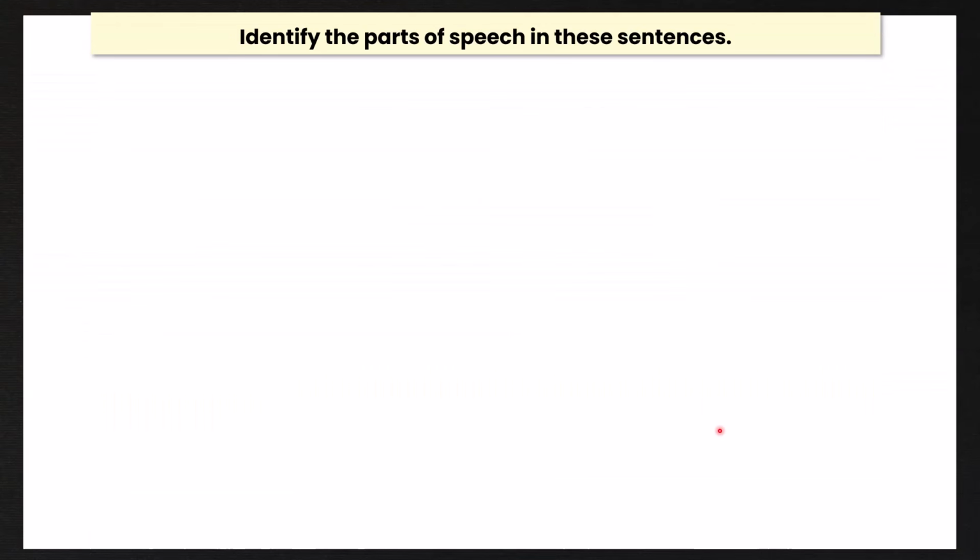So now it's time for our quiz. You must identify the parts of speech in these sentences. So identify if it's a noun, pronoun, adjective, adverb, etc. Number 1, everyone deserves freedom. So you must identify the word in blue.